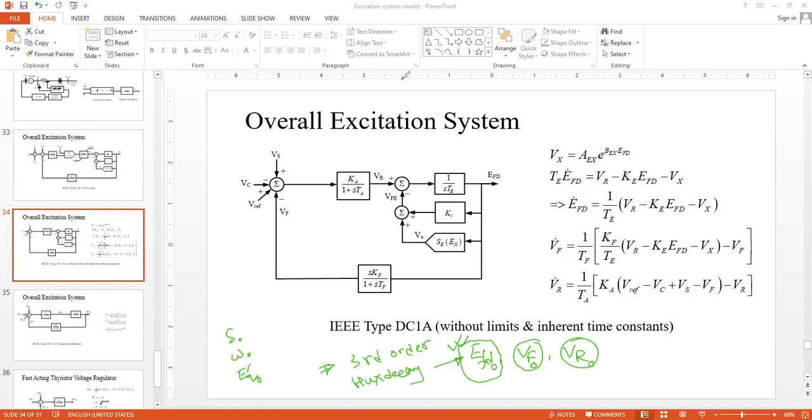dVf/dt is equal to 0. So all the derivatives in these 3 equations, you simply take to 0, because in a steady state there shouldn't be any dynamics, okay? And after that, probably you will get 3 equations.